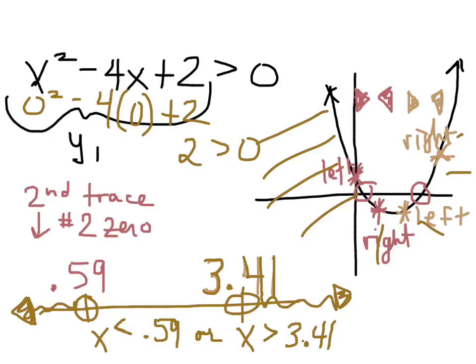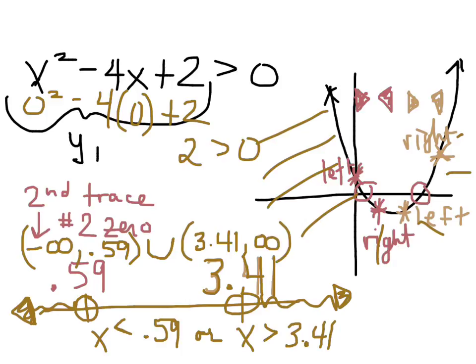If you want to try the interval notation, it's negative infinity, because that means all the way to the left, up to 0.59. And then there's a gap in the line, so you put a big giant U. And then it would go 3.41 to positive infinity.